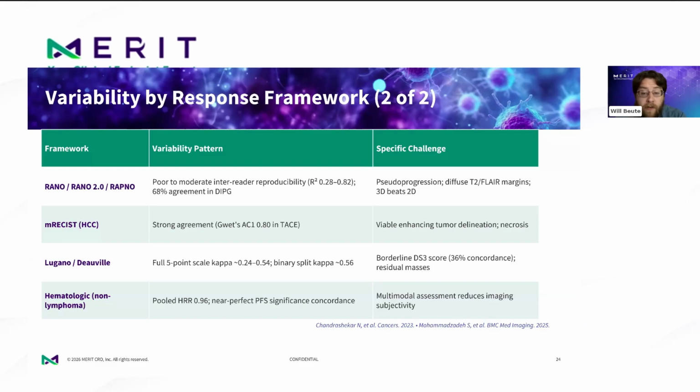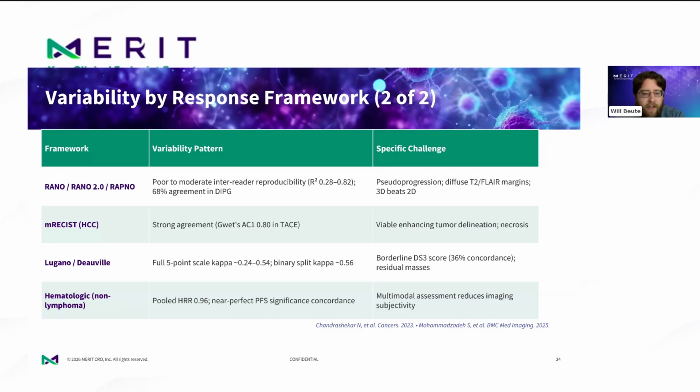Lugano criteria in lymphoma generally uses the Deauville scale, which is a 5-point visual scale of scans used to evaluate how well a patient's lymphoma is responding to treatment, where level 3 in the scale represents the borderline score between positive and negative response. For reader variability in lymphoma, there is fair to moderate agreement on the full 5-point scale, which improves when it's collapsed to the binary split along the level 3 borderline.